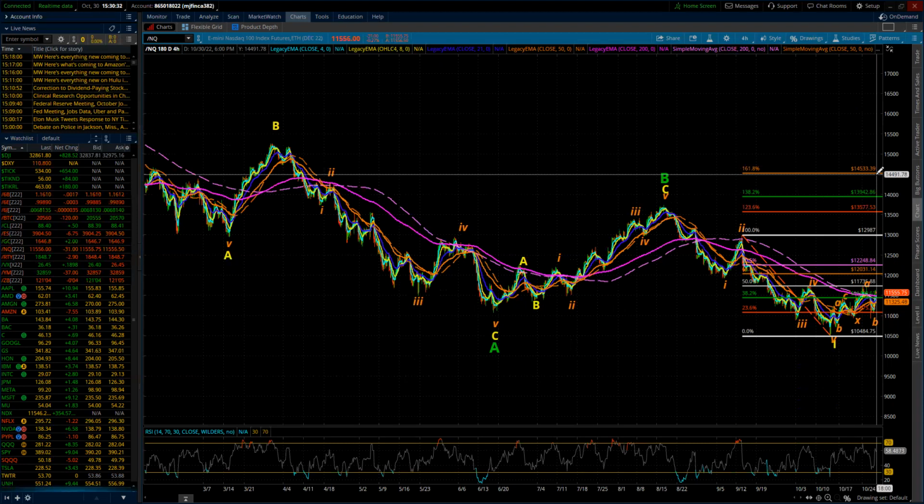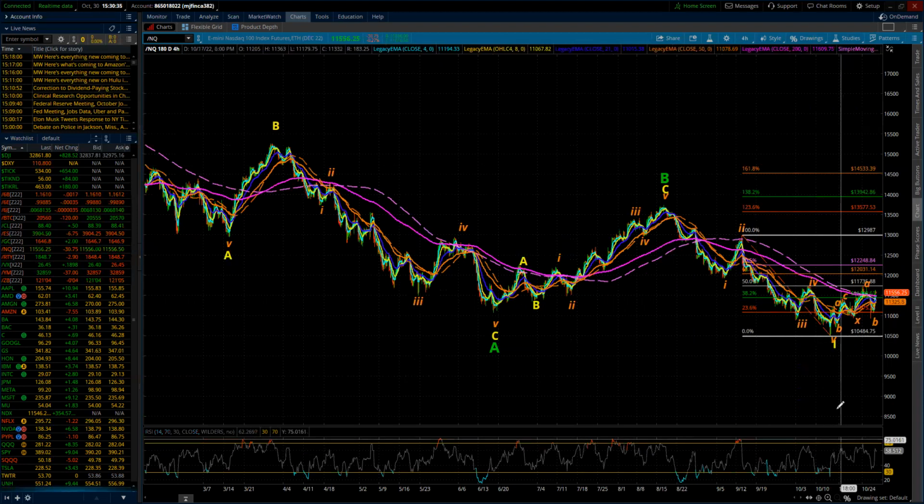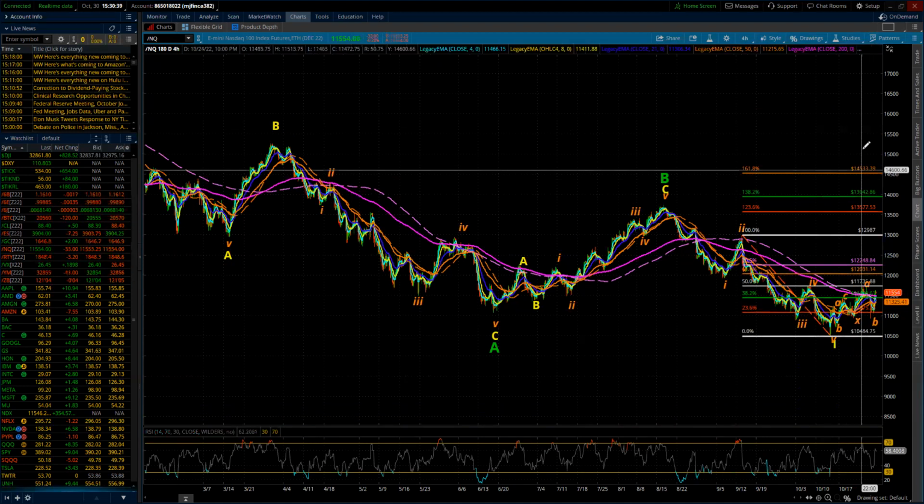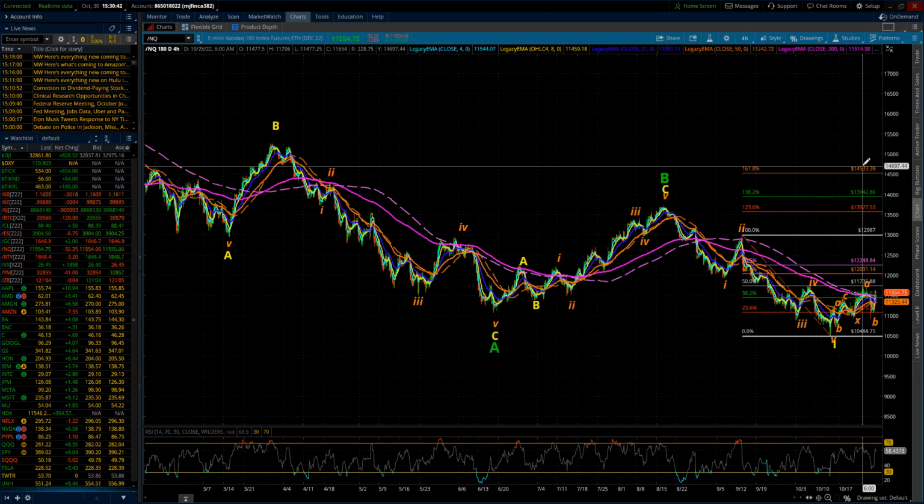And that would fit with finishing the primary C wave and putting in that cycle A wave, getting a cycle B wave, which we would expect to put a fairly decent rally in.